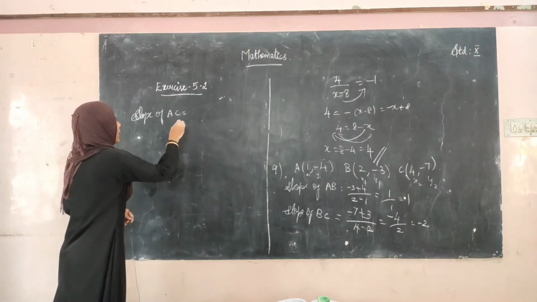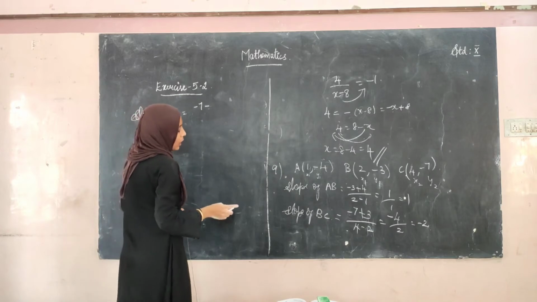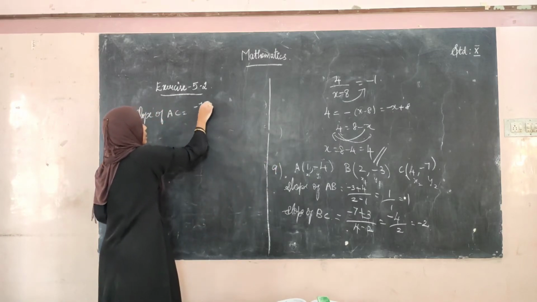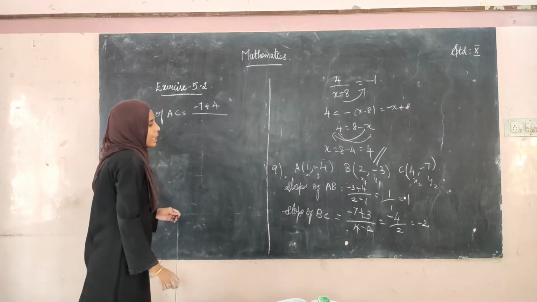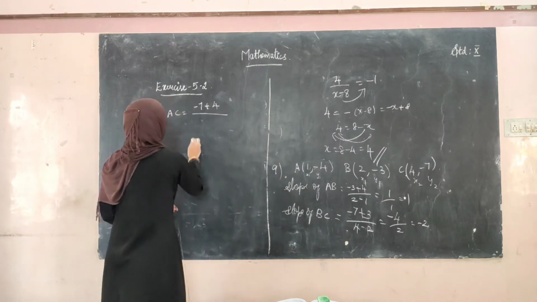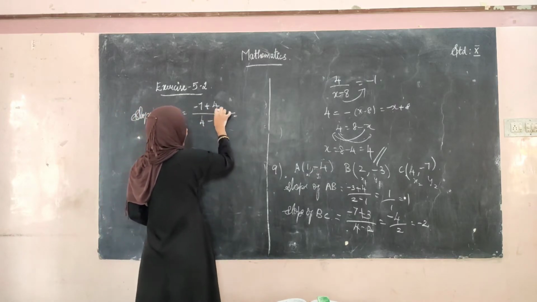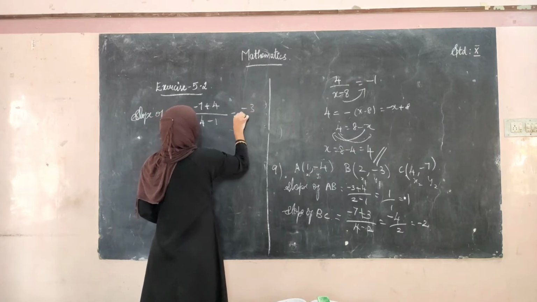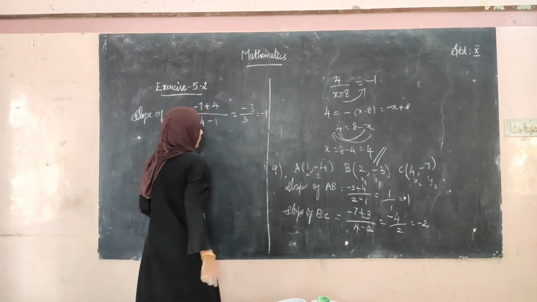What is y2 there? It is -7 minus y1, which is -4. So minus of -4 gets +4, divided by x2 minus x1. What is x2? It is 4 minus x1, which is 1. So -7 plus 4 is -3, and 4 minus 1 is 3, which is equal to -1.